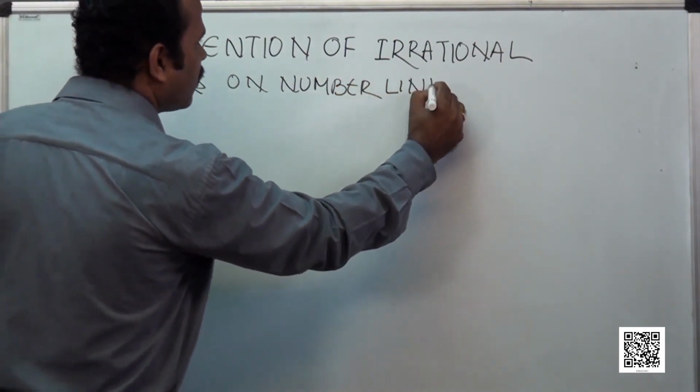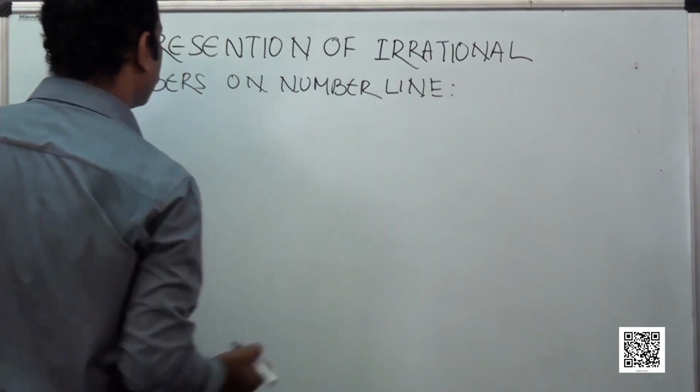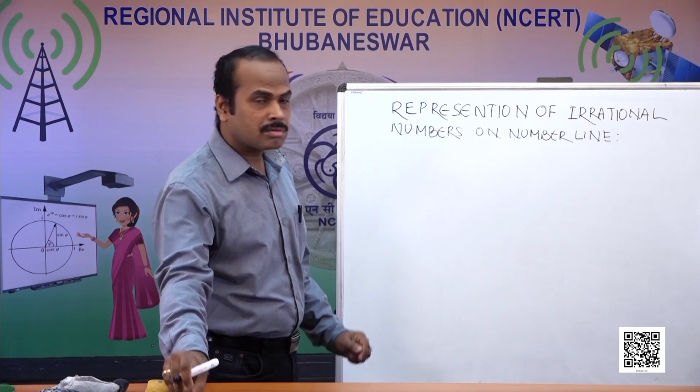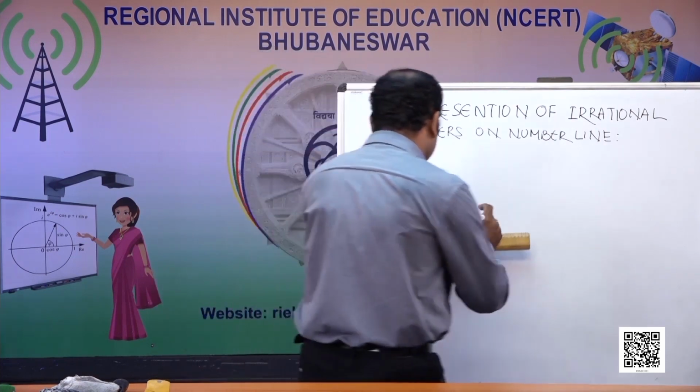I have taken the example as root 2. So how will I do it now? Let me take a line first, with the help of a ruler.